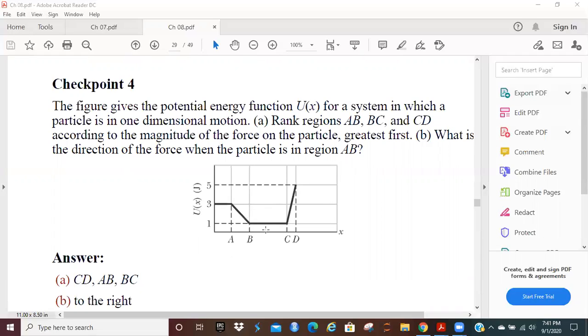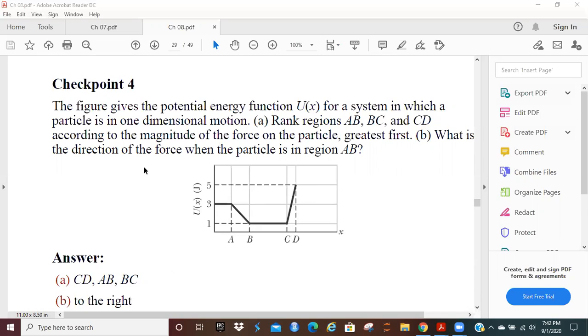Is this slope greater than what we see here, just looking at the magnitude, not the direction? Yes. So that's why we end up with AB here and then BC here. This slope is going to be a lot greater than this, and this slope is going to be greater than this one.